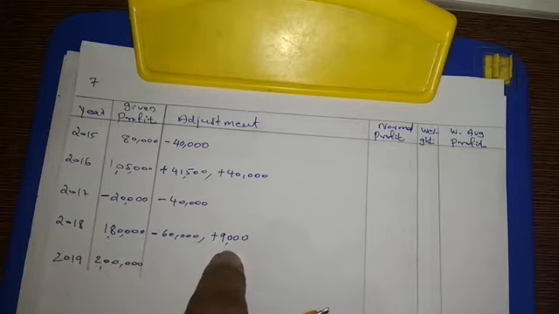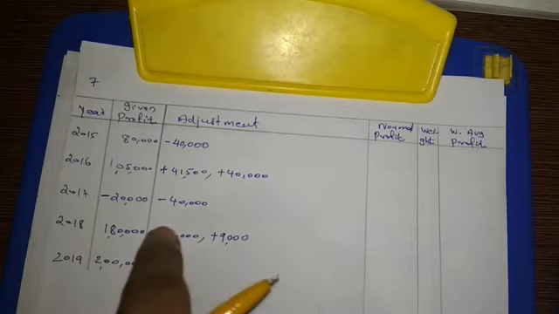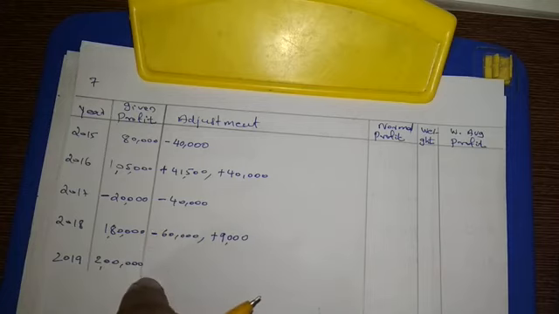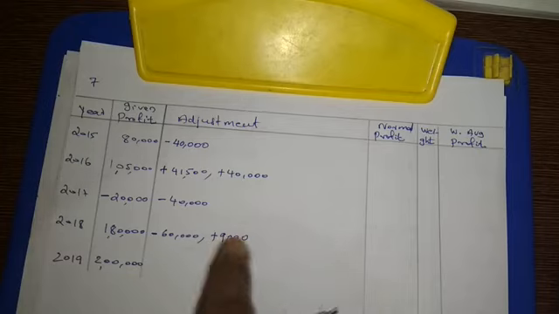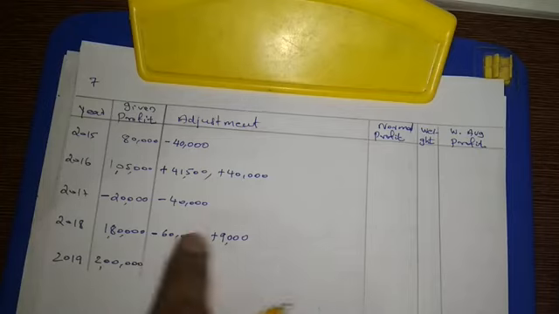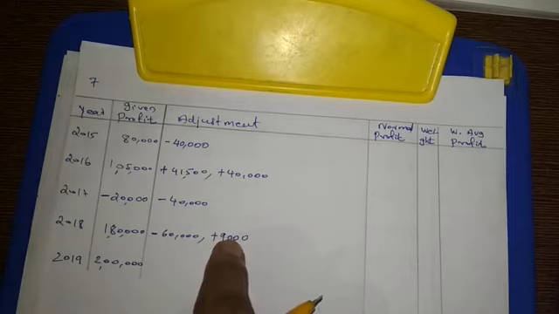So that is coming. And one more thing, next year also, this machinery repair we consider as an asset. That is why this will continue in the next year also. So next year, 60 minus 9. What is the method of depreciation? Diminishing balance method.